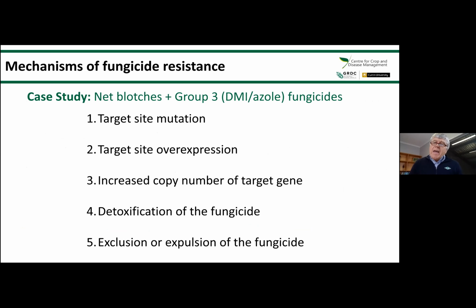But in WA, the net blotches are actually acquiring the next level of resistance to the DMI, which is not just target site mutation, it's actually an overexpression of the gene that produces the factory that produces the cell membrane. So that is quite sinister, because that will confer even more effect on those DMIs we're using, and there are parts there where clearly we've moved into field resistance, good and proper.